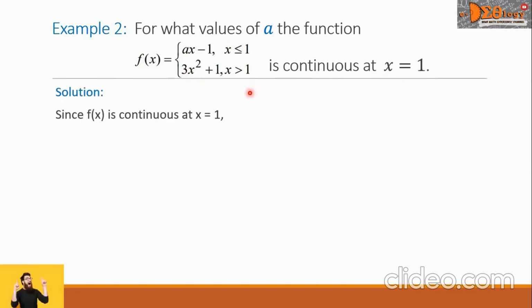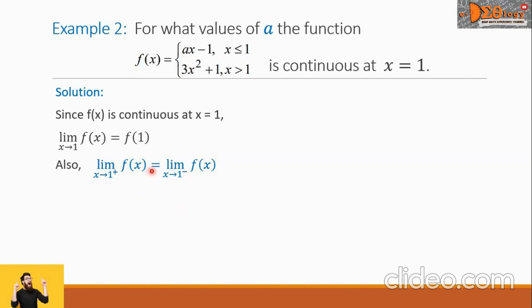For our solution, since f of x is continuous at x equals 1, we assume that the limit of the function f of x as x approaches 1 is equal to f of 1. Also, the limit of f of x as x approaches 1 from the right is equal to the limit of f of x as x approaches 1 from the left.